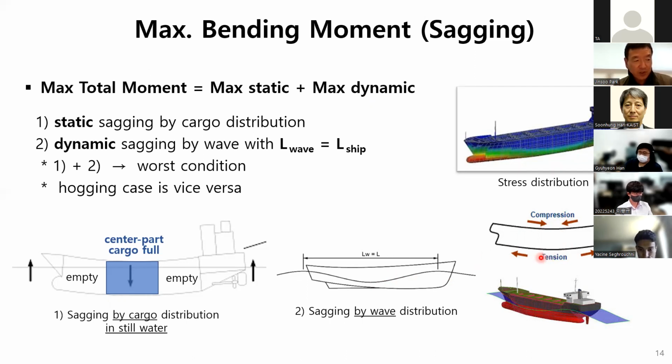The worst condition occurs, unfortunately, when these two maximum static and dynamic situations happen at the same time. This is one of the cases that the designers are most concerned about.